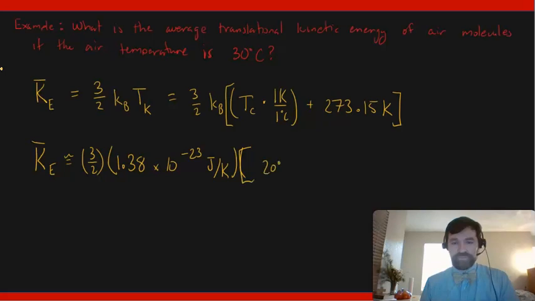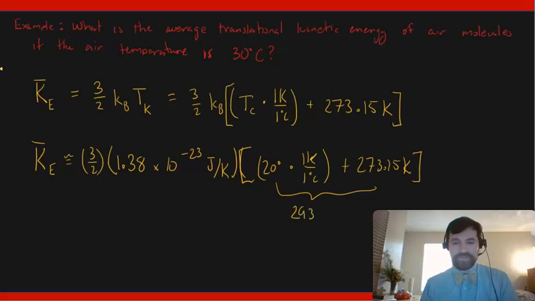Times 20 degrees C times 1 Kelvin per 1 degree C plus 273.15 Kelvin. So this entire part of it, the temperature, is 293.15 Kelvin, which is also what we converted earlier.